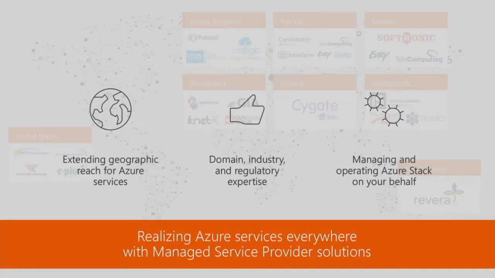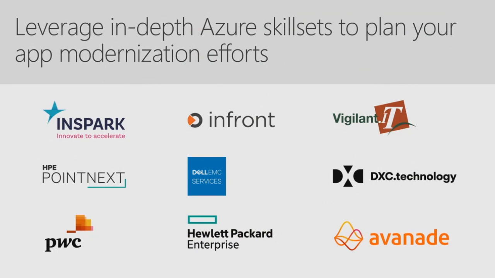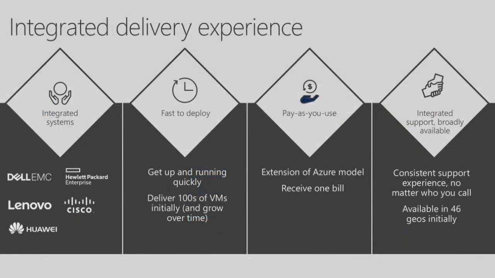There's service partners around the globe that are going to be operating and making Azure Stack available. So as a developer, you'll be able to target these. There are system integrators that are building systems. Hopefully you know this. Azure Stack is from Dell, Lenovo, HPE, Cisco, and Huawei. Those systems are coming. It's basically a way to get up and going quickly.